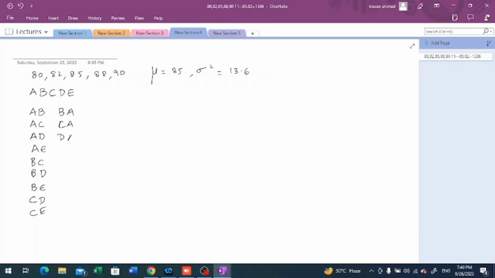In fact, all the samples can be written in reverse order, and this is how we get 10 more samples when we follow the technique of drawing samples with replacement.